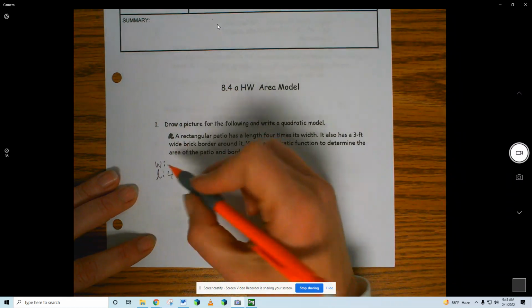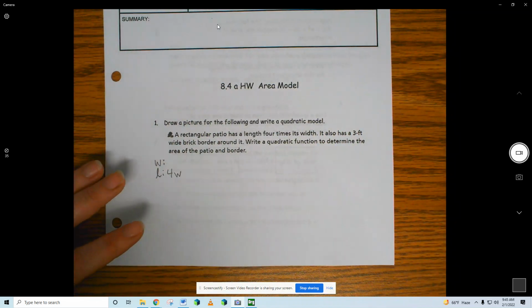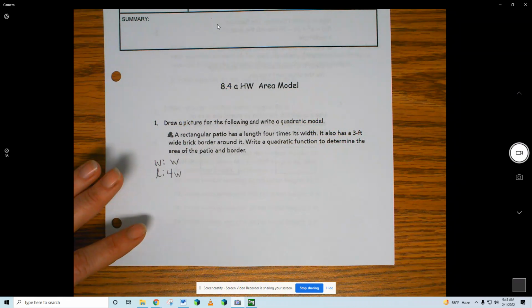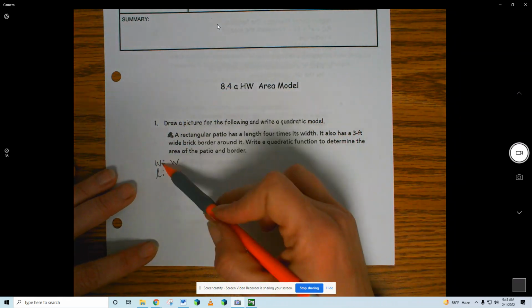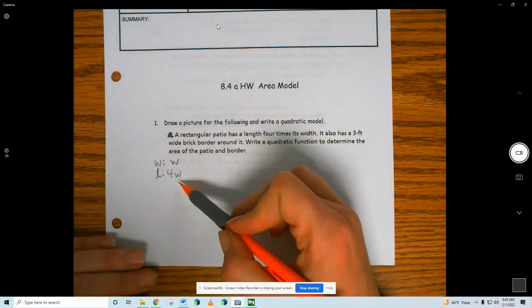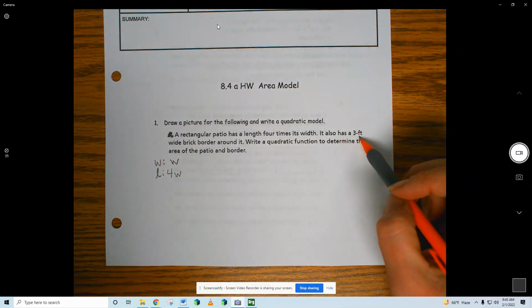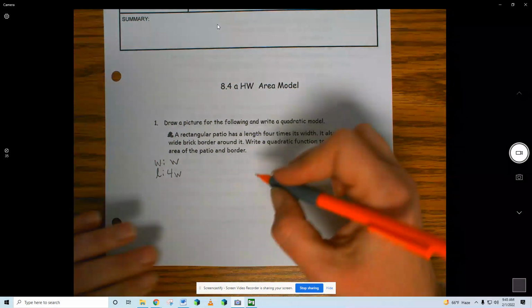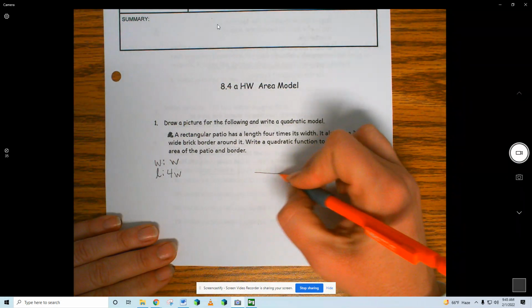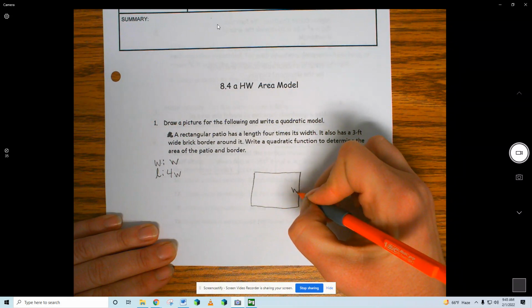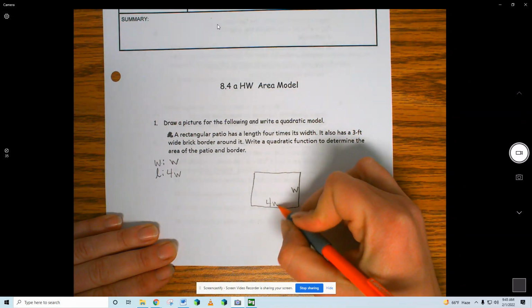And my width is just going to be itself. So I'm not using L and W in this. We're not using 2 variables. The width is itself and the length is quadruple, 4 times. It also has a 3 feet wide brick border around it. Draw the picture, guys. My width is W. My length is 4W.